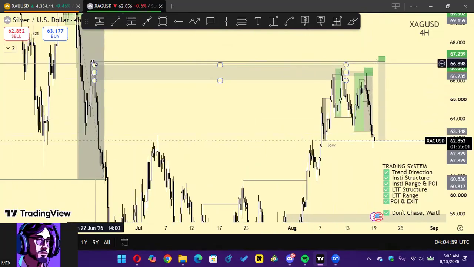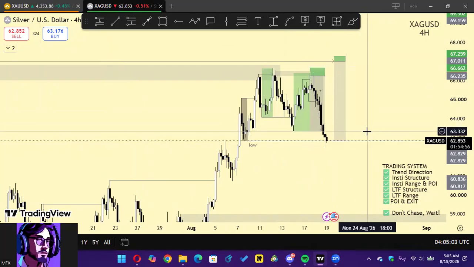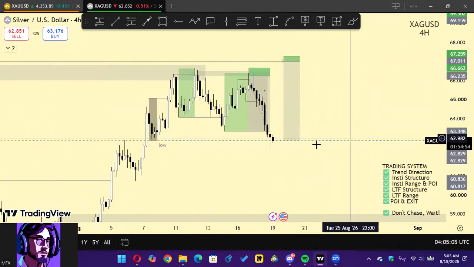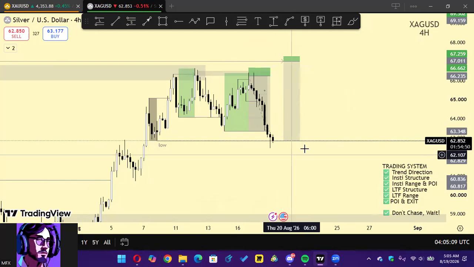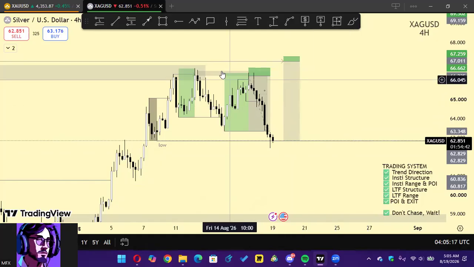Price is giving me my liquidity entry model on the 4 hour time frame and I'm going to take it if we don't break this protected low and start selling. That's what I'm looking for. So that's that on my XAG USD and XAU USD trade study. That's what I'm expecting on our institutional structure and also on lateral structure.